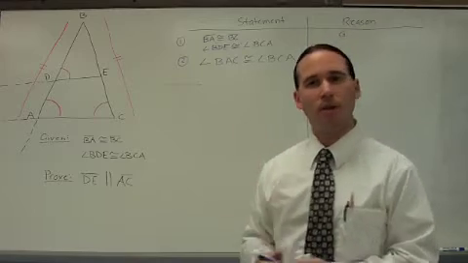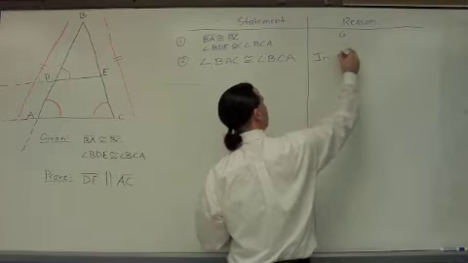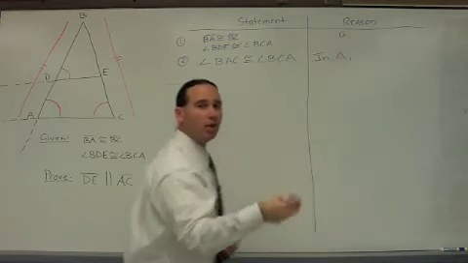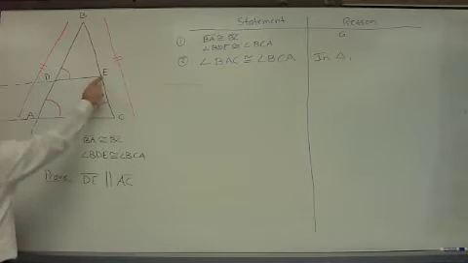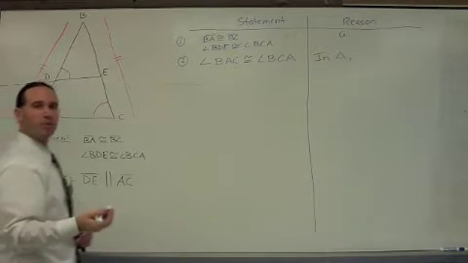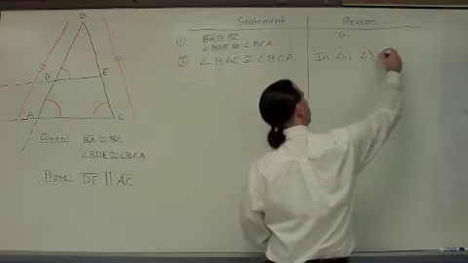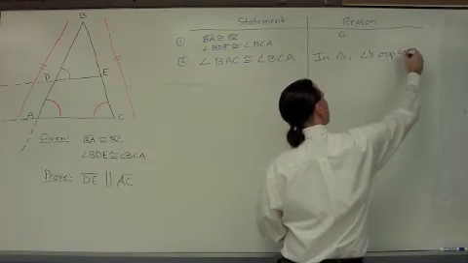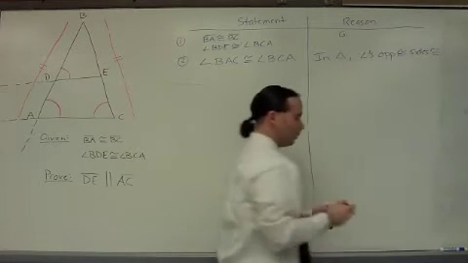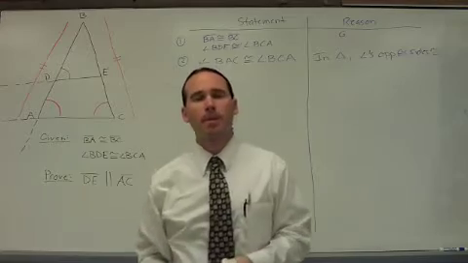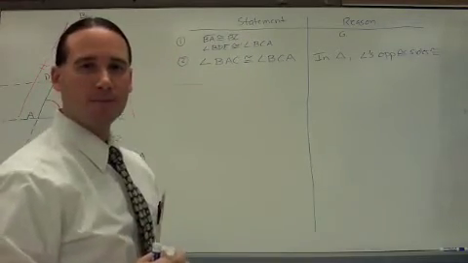Well, we have this theorem that says in a triangle, angles opposite congruent sides are congruent. That's going to let you go right to BAC congruent to BCA.